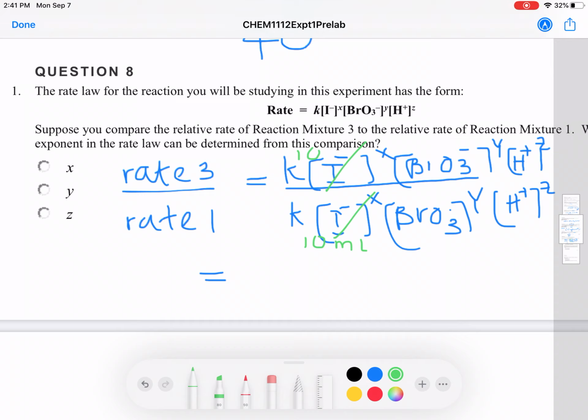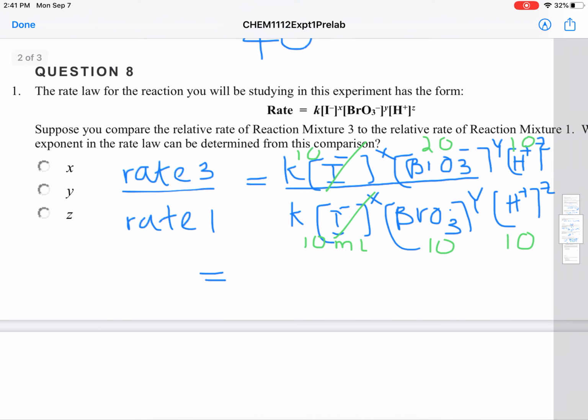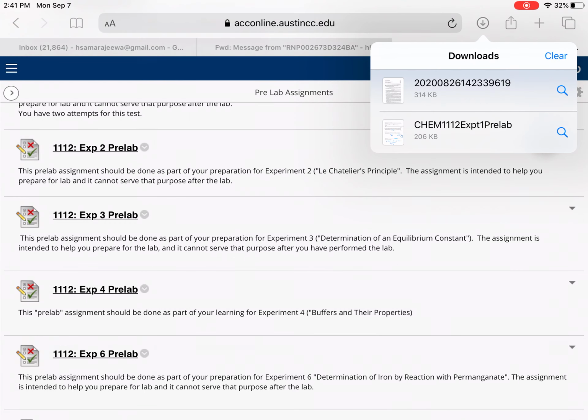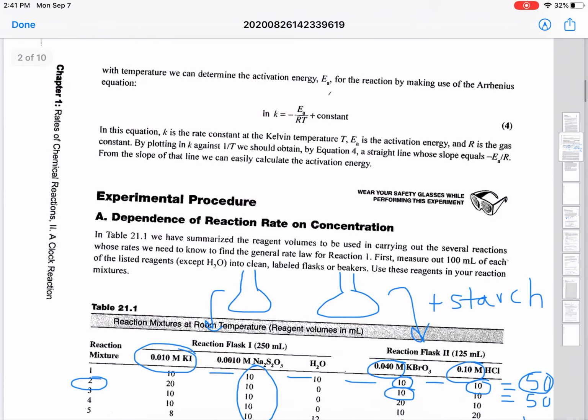And for the bromate, for reaction rate 3 and 1 in your table, you're going to be using 20 milliliters bromate and 10 milliliters bromate. And for the hydrochloric acid also, it's going to be 10 milliliters, 10 milliliters. So let me take you to the table and explain what that means.